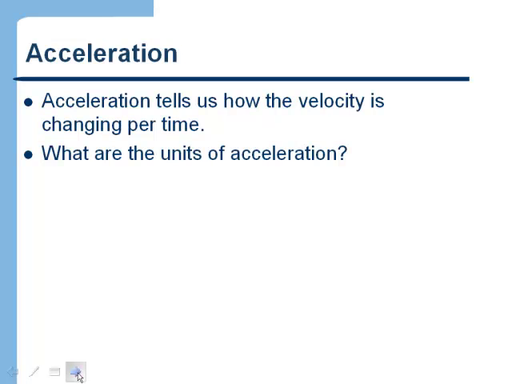Let's take a look at what the units are of acceleration. Well, we have that acceleration is equal to Vf minus V naught over t. So you'll notice that we have units of velocity, which are meters per second, divided by units of time, which are seconds.